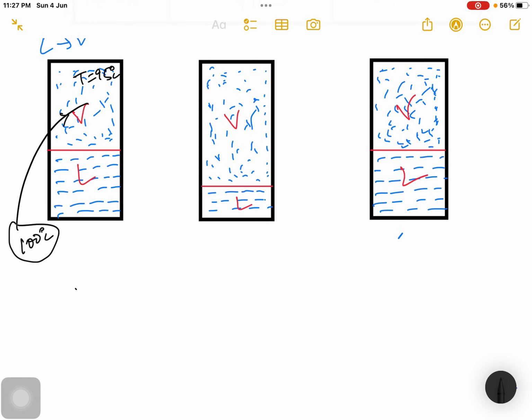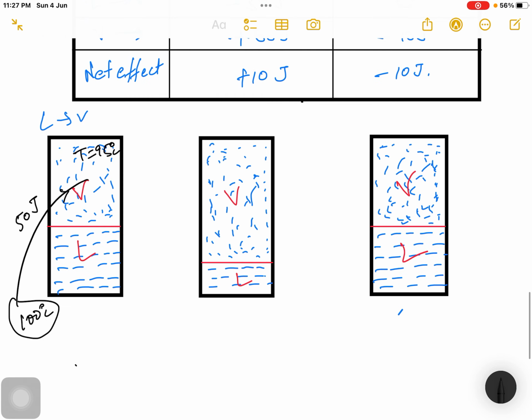Again, by comparing these three, irreversibility is decreased, but there is still, it is a externally irreversible process only.